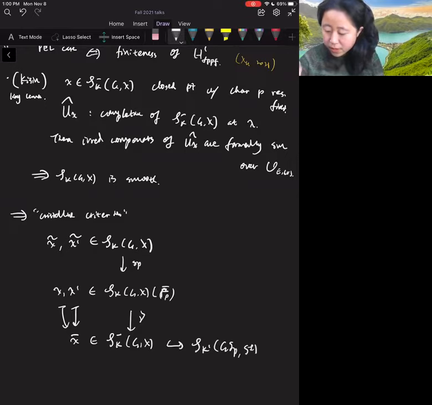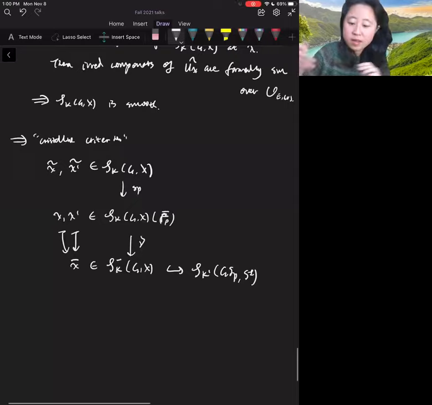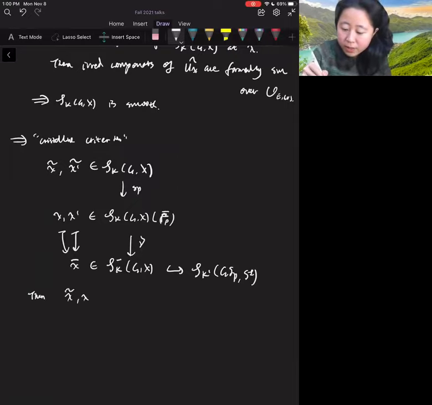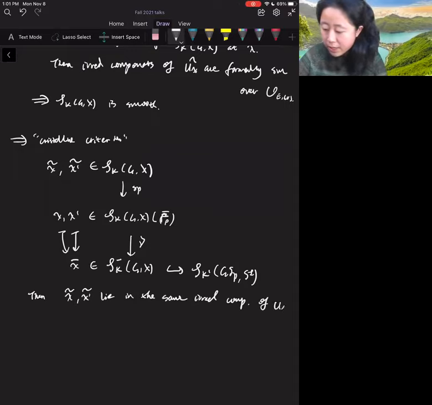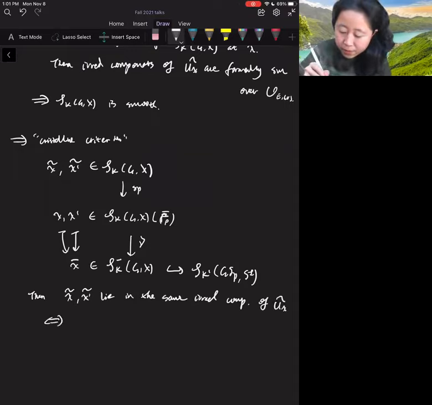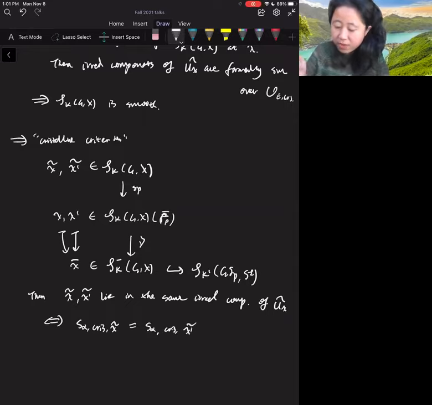If these two char-p points map to the same image point under the normalization map, inside the Siegel integral model, then we know that x tilde and x prime tilde lie in the same irreducible component of Ux hat if and only if they have the same crystalline tensors attached to them. So these are, again, motivated cycles with crystalline realizations.